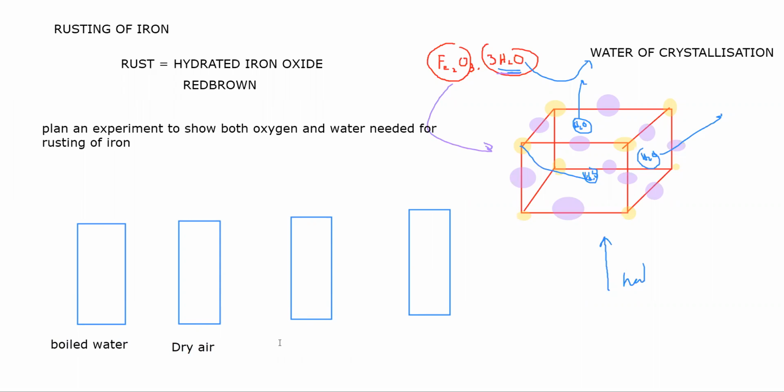The third one is filled with moist air. And the fourth one, for example, is filled with oil.